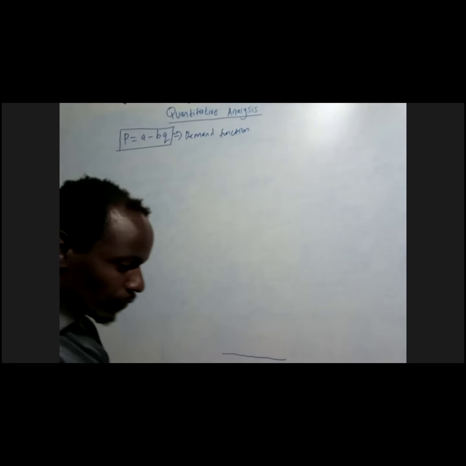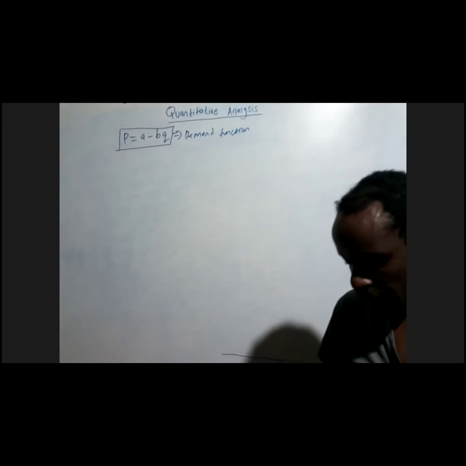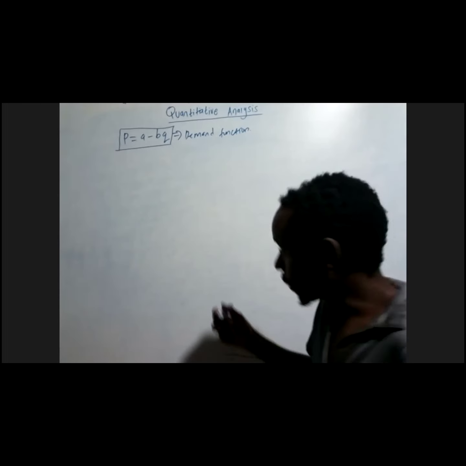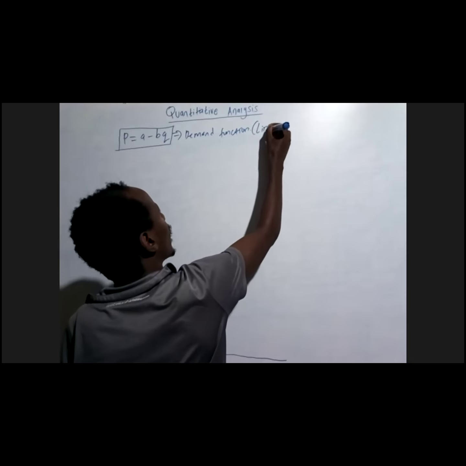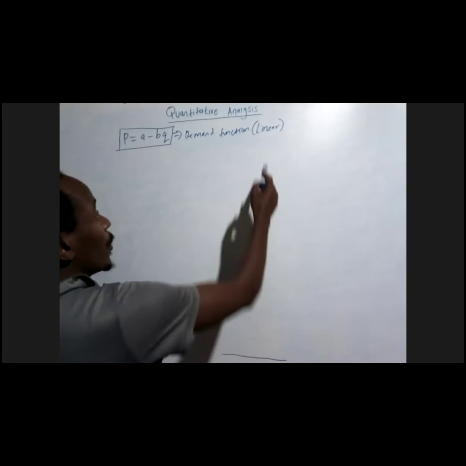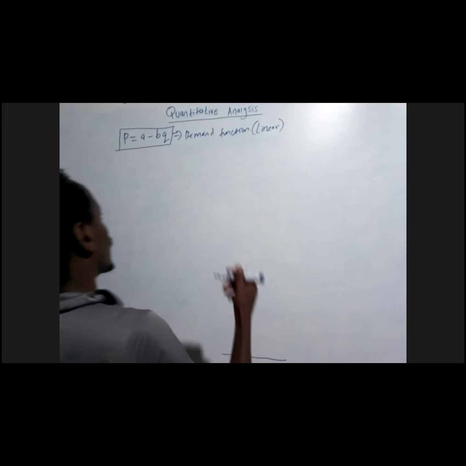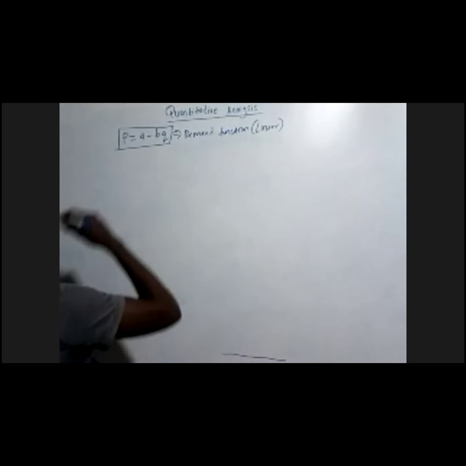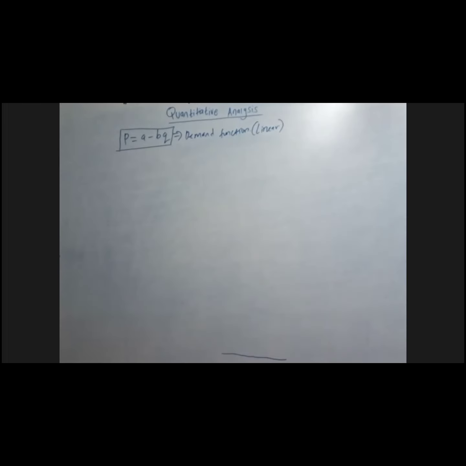So in an exam, if they tell you that the demand function is linear in nature, this one applies. When the demand is not a linear function, then our normal demand function will not be the same. We shall use the revenue.